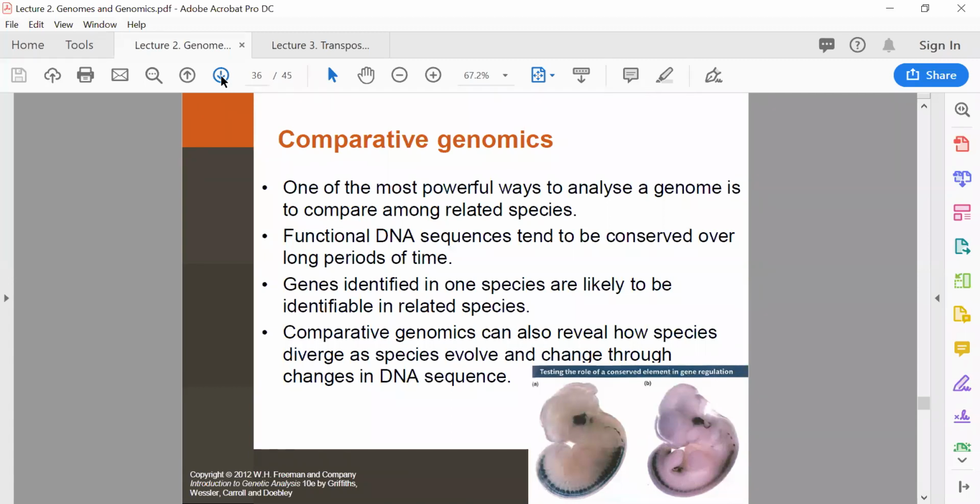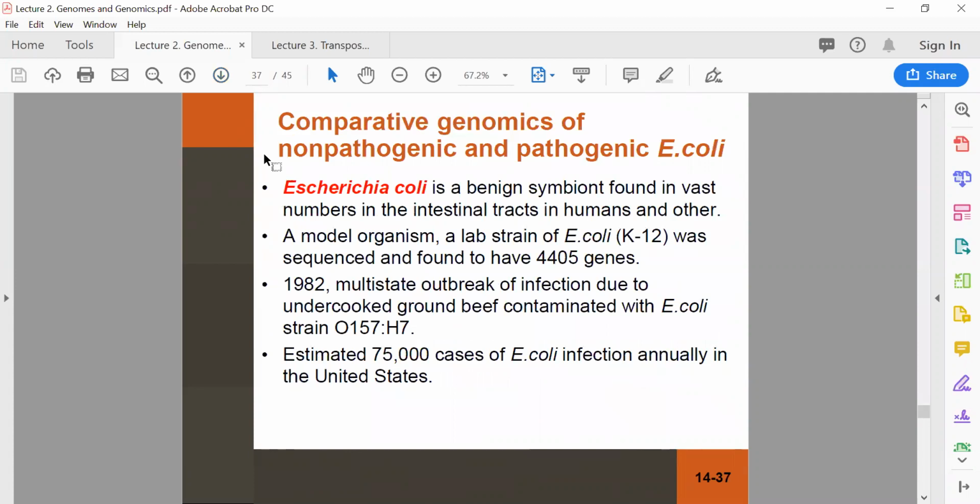And not only that, the gene performed the same function in all those different crop species, as well as that model plant Arabidopsis. So really powerful, the use of comparative genomics.